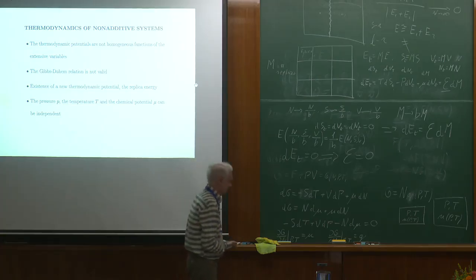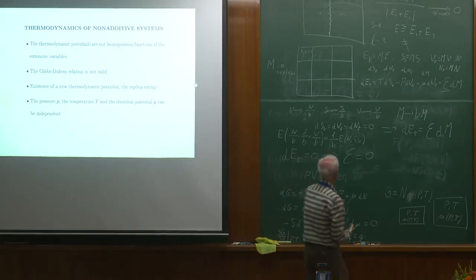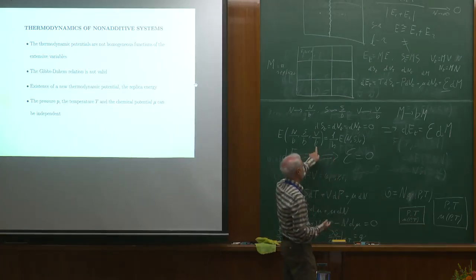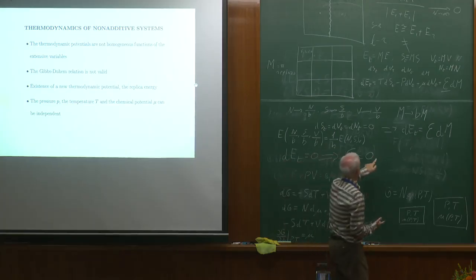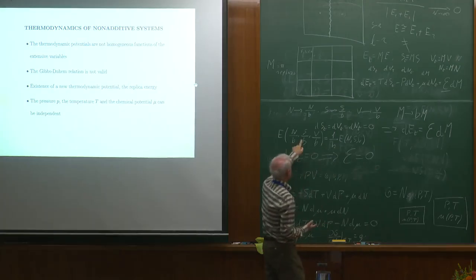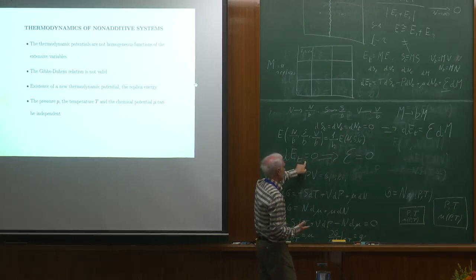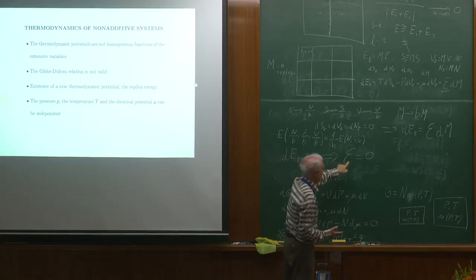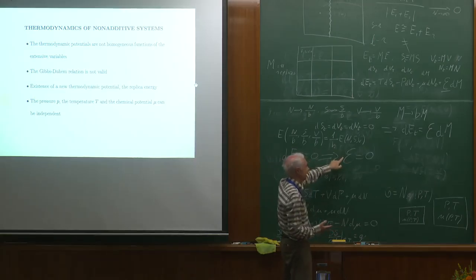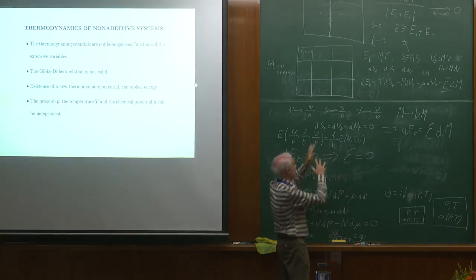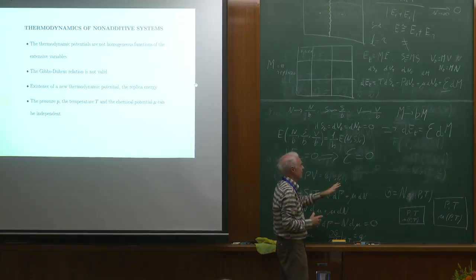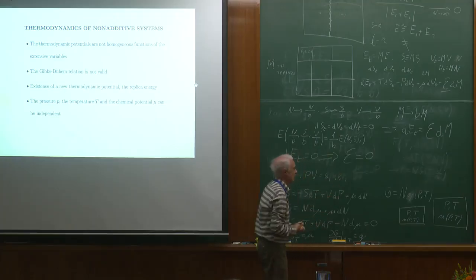On the other hand, when the system is long range and this scaling is not satisfied, dE_T, when you do this kind of transformation, is not necessarily equal to 0, and so calligraphic E, which we call replica energy, just because it is related to this kind of mental construction, is not equal to 0.